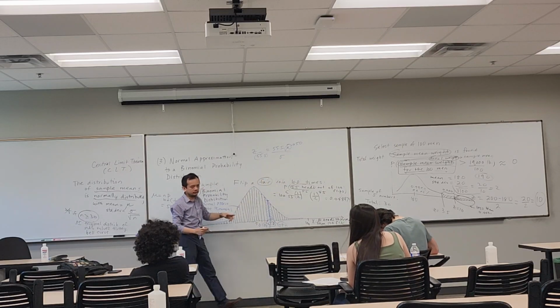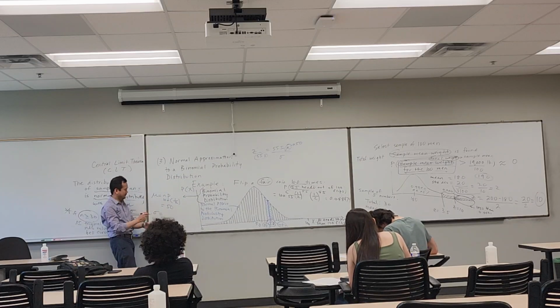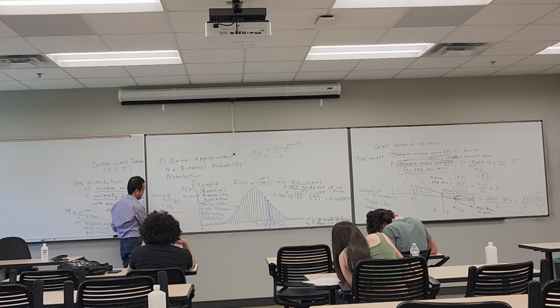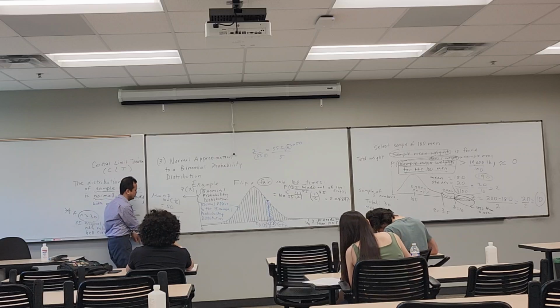And the standard deviation also has a shortcut formula, and that ends up being the square root of n times p times q, where q is the complement of p.